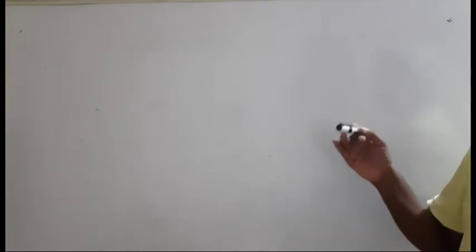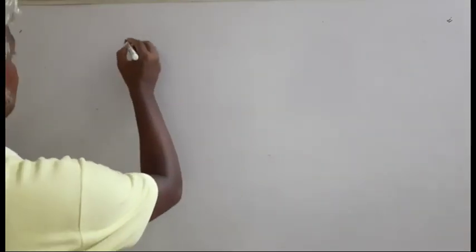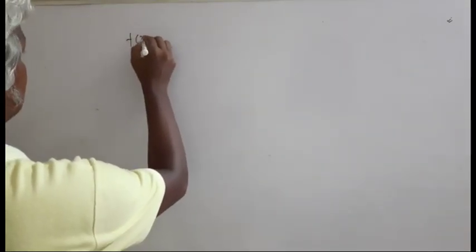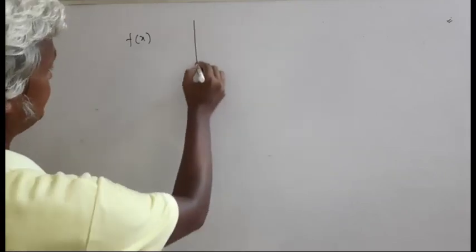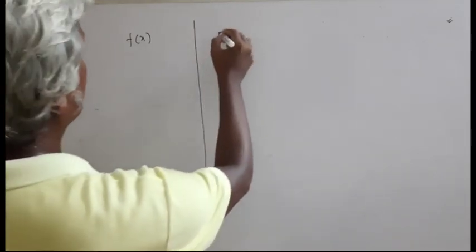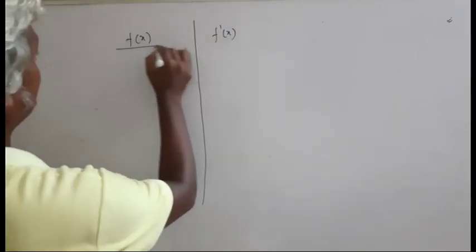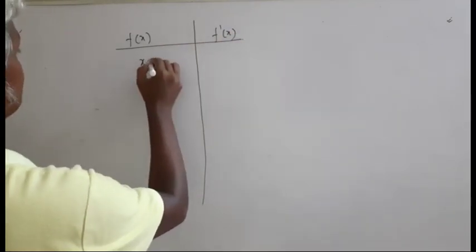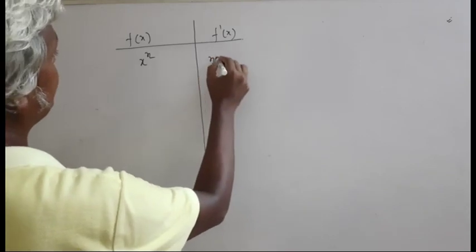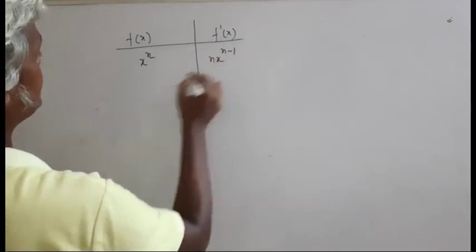So now I'm writing just some of the formulas directly instead of deriving them, so you can understand that this is f(x) on the left side, and on the right hand side we have their derivative. If the function is x to the power n, its derivative is n x to the power n minus 1.